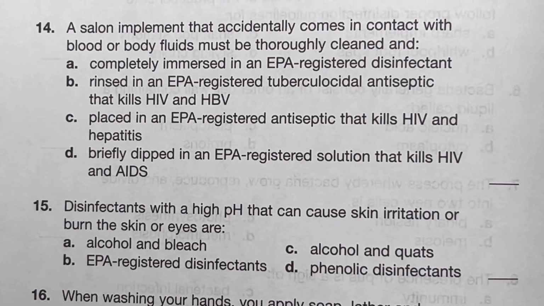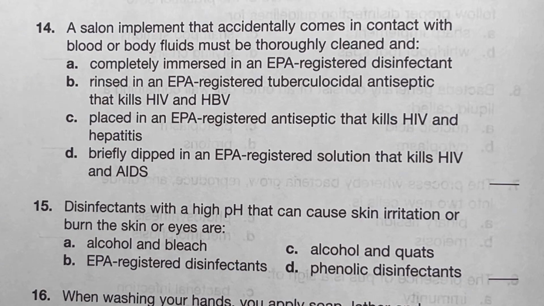Number 14. A salon implement that accidentally comes in contact with blood or body fluids must be thoroughly cleaned and A. Completely immersed in an EPA-registered disinfectant. B. Rinsed in an EPA-registered tuberculocidal antiseptic that kills HIV and HBV.